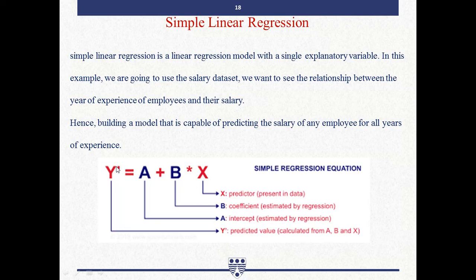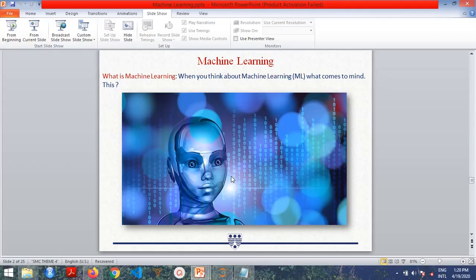This is simply the variable we want to predict, and it is dependent on what is on the right hand side. We have a, which is the intercept, estimated by the regression. We have b, which is the coefficient of our independent variable. So let's go to our Jupyter notebook and see how to perform some simple linear regression.